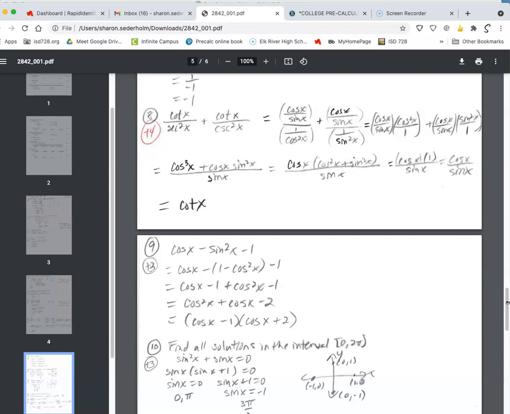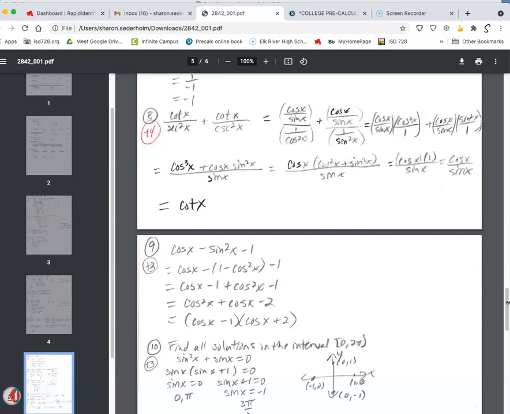Secant squared of x becomes 1 over cosine squared of x. And then cotangent is cosine of x over sine of x, and cosecant squared x is 1 over sine squared x. Now, I wanted to see what does that simplify to, because I see cosine of x within one fraction, and I see sine of x and sine squared of x within one fraction. So maybe it simplifies to something that would be a little bit easier to work with.